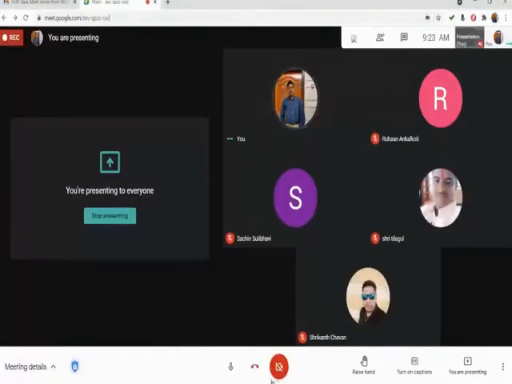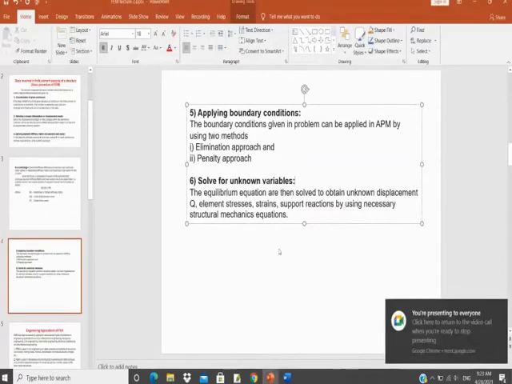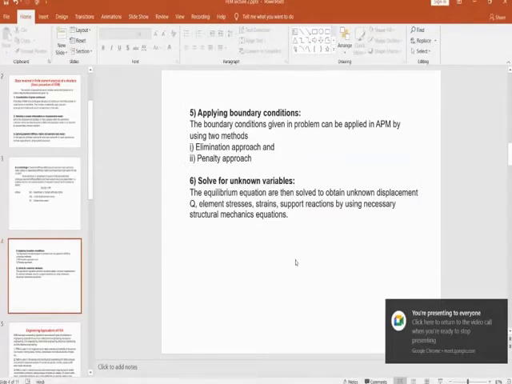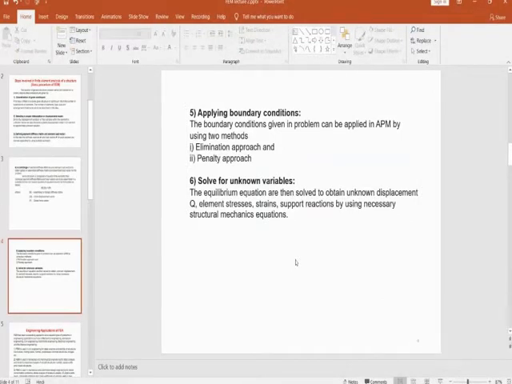Solve for unknown variables. So which variable do you want to solve? What is the solution you want? For example, in structural analysis, we want to find nodal displacements, no? Deflection at the center of the beam, deflection at 2 meters from the left end, deflection at 2 meters from the right end, like that. At different locations you want to find the deflections.